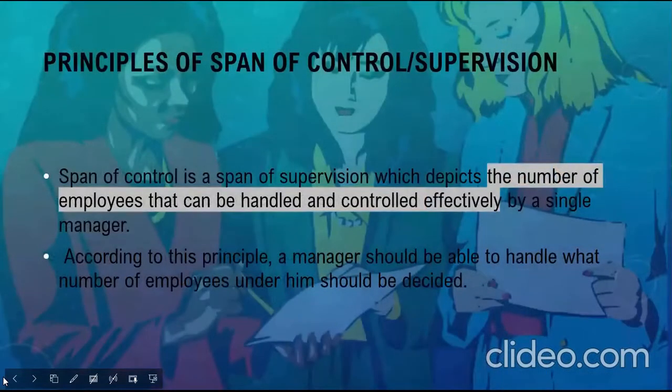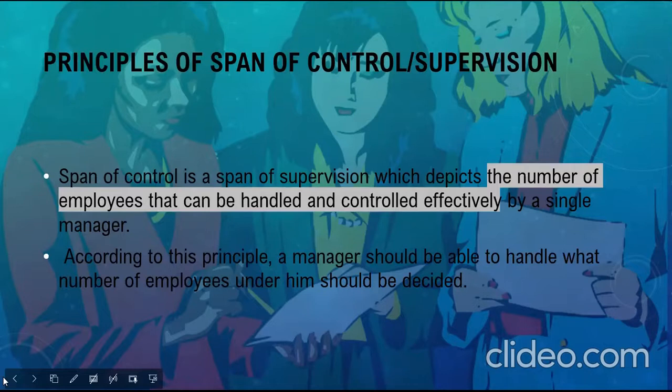And next principle is principle of span of control or supervision or also management. Now it is very simple to understand. We all know and are aware by now that there are 3 different levels in management, and no superior at a higher level should have more than 6 immediate subordinates.